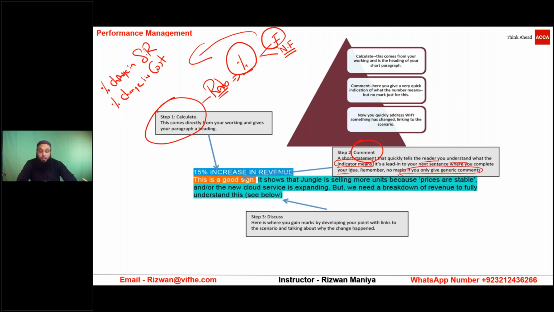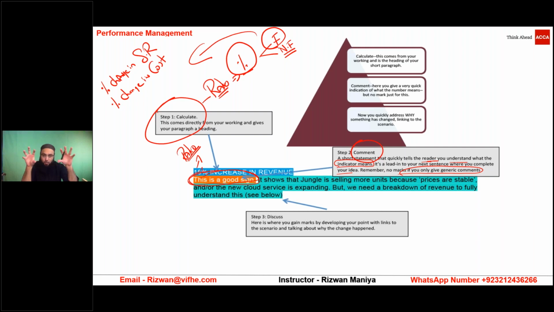So listen, what is a comment? This is a comment, and you get marks for this one. You worked out the ratio: a 15% increase in revenue is a ratio, a 10% decrease in the cost, 50% is the gross profit margin.